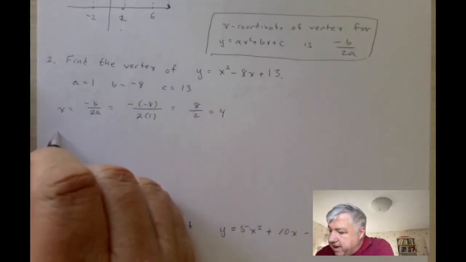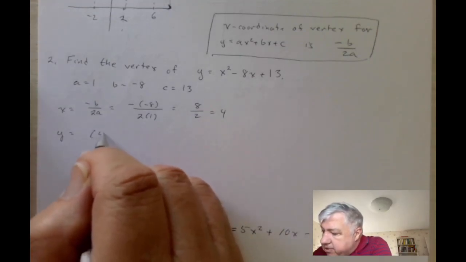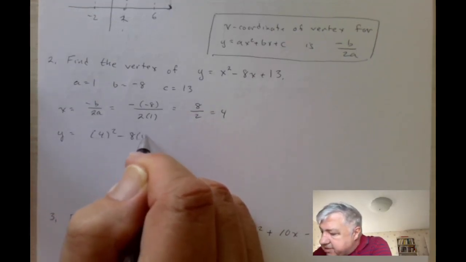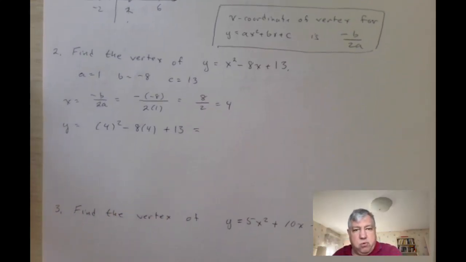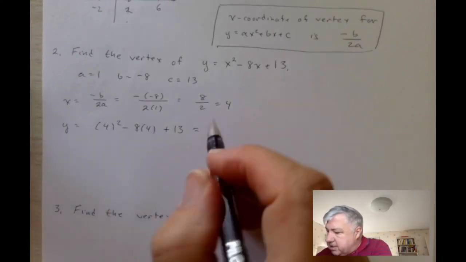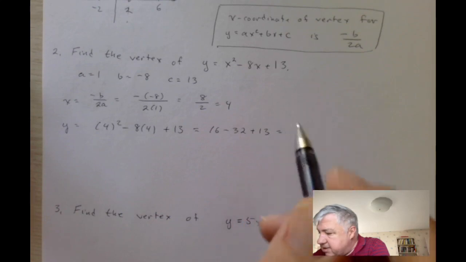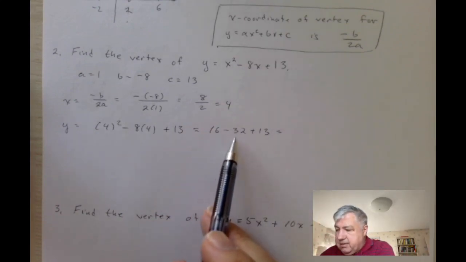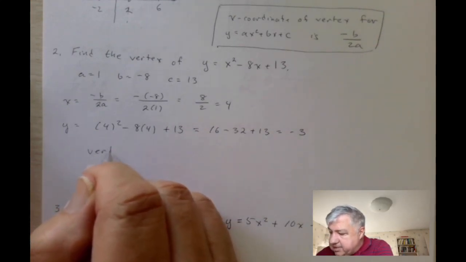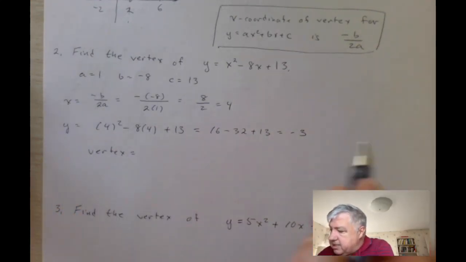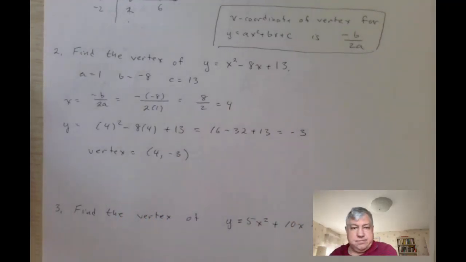And then to find the y value, we plug in 4, and we get 4 squared minus 8 times 4 plus 13. What is this? This is 16 minus 32 plus 13. This is negative 16 plus 13, that's negative 3. So we get that the vertex is (4, negative 3).